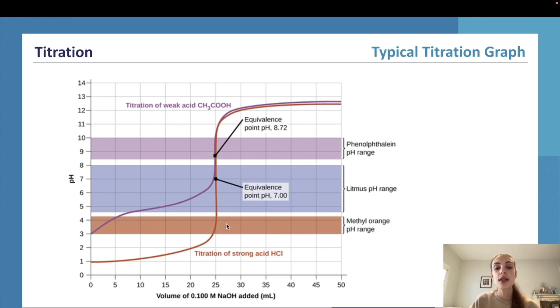And so that's because a strong base like NaOH is going to have a greater pH naturally than a weak acid in terms of how strong it is. So the strength of the base is stronger than the strength of the acid.